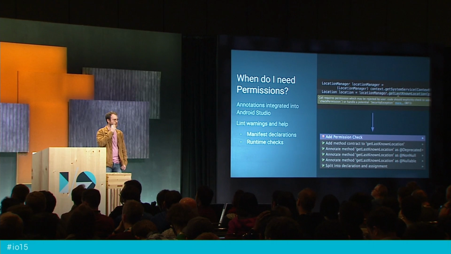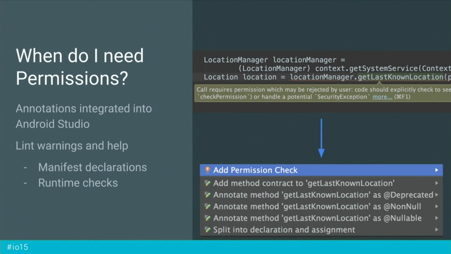The last one is, you might be furiously thinking, where do I use permissions? What are my APIs that are using permissions? How am I going to check them? This is what we've added in Android Studio, and if you were in that talk, they made mention of it. I'll cross-reference their mentioning of my stuff with their stuff. They added annotations, which introduce new lint warnings and errors.